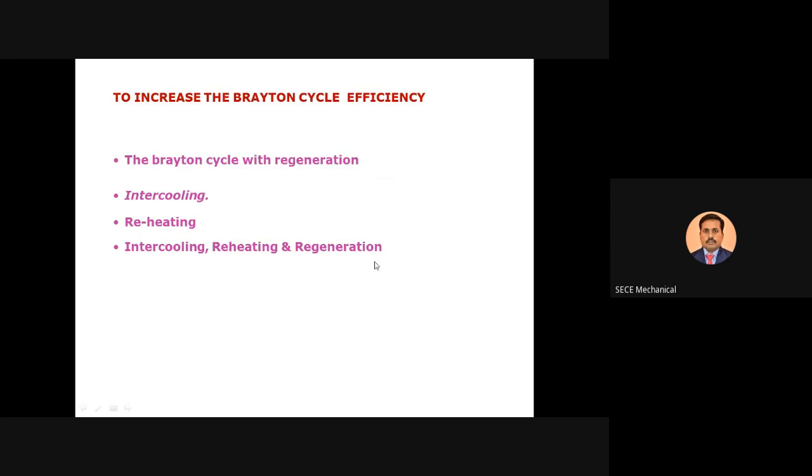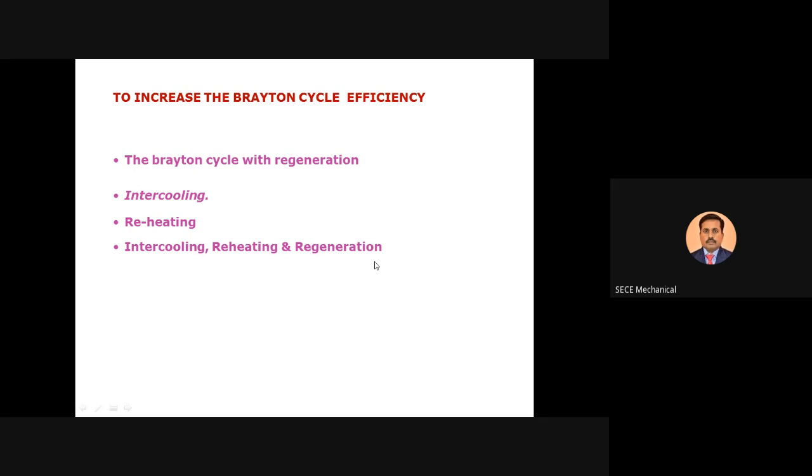If you want to increase the Brayton cycle efficiency, we already discussed in the thermal engineering subject how it can be improved. With the help of three methods added to the Brayton cycle, we can improve its efficiency: intercooling, reheating, and regeneration. These we already discussed in the thermal engineering subject, so I don't want to repeat them once again.